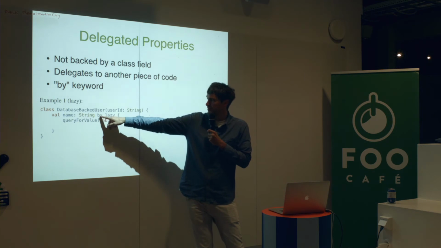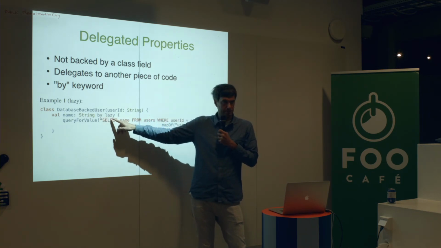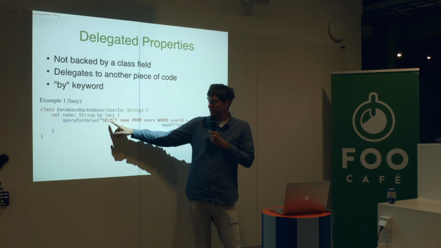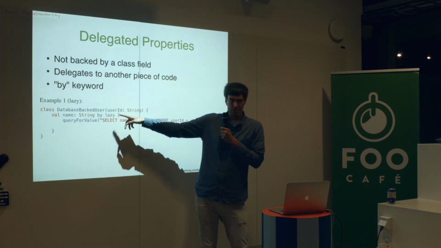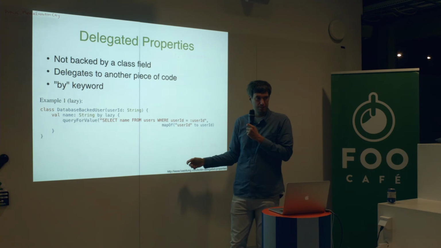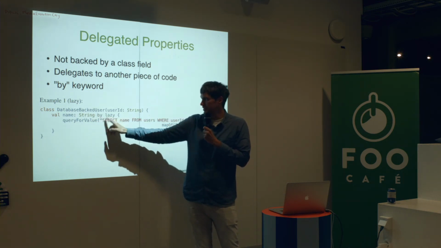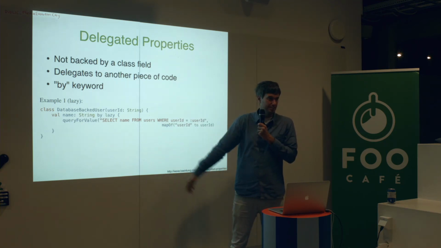So here is one built in. The keyword that is built in is by. This is something that's shipped with the standard Kotlin library. This is lazy. So this is essentially, well, I don't dare to say memoization, but at least something that will cache this value after the first time it's invoked. So the property is a string, but what we actually do here is that we query some database.